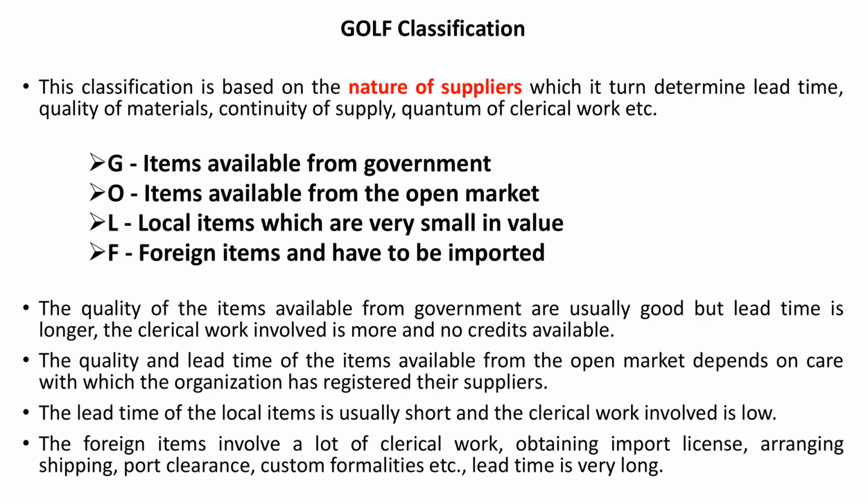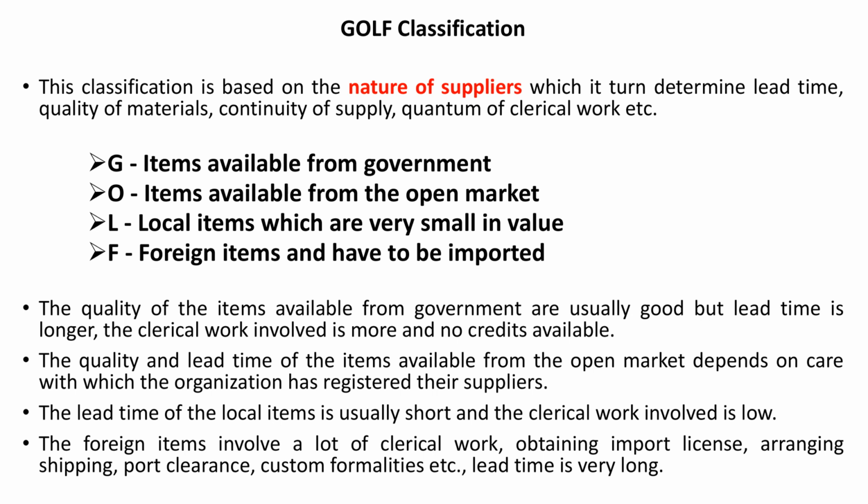The quality of the items available from government is usually good, but lead time is longer, the clerical work involved is more, and no credit is available. The quality and lead time of items available from open market depends on the care with which the organization has registered their suppliers.